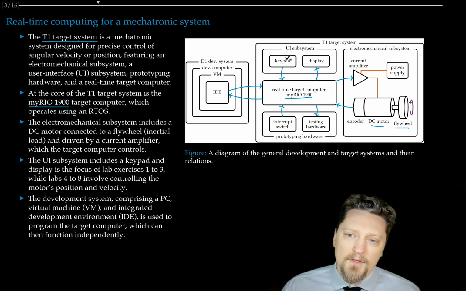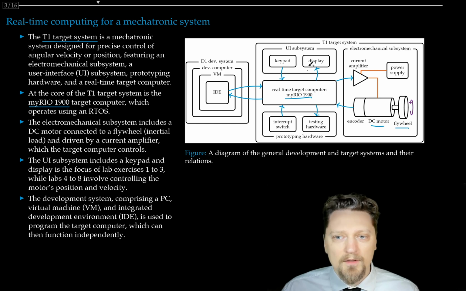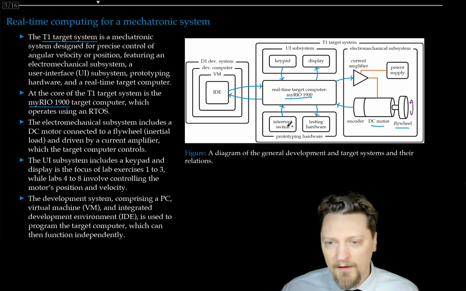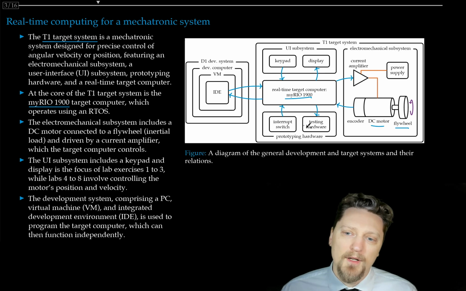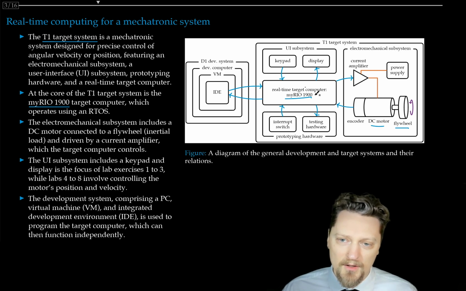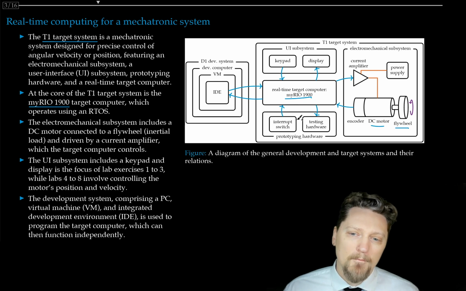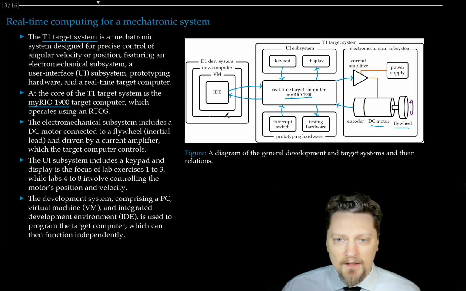We also have the user interface subsystem, which we're going to spend a good deal of time learning to program as well. The keypad and a display. We have the prototyping hardware, which includes an interrupt switch, and testing hardware, which we will occasionally be using in some of the lab exercises. More on that later. And then all of this together we call the T1 target system.